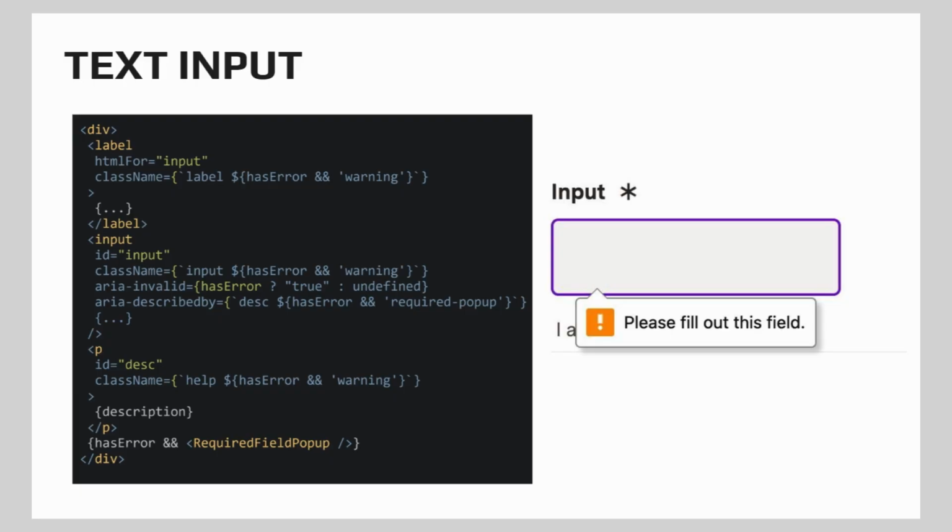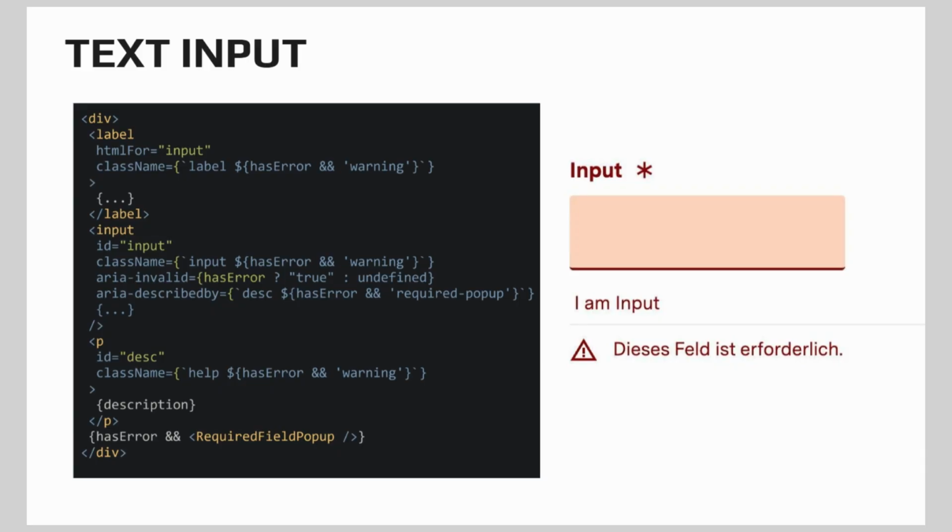Also, sometimes we use the required attribute, but designers do not like the default styling of the browser that says this field is required. So usually they ask to implement something of our own. In order to do it, please follow the triangle technique, because you need to communicate the information to the user, and using only color is not enough.